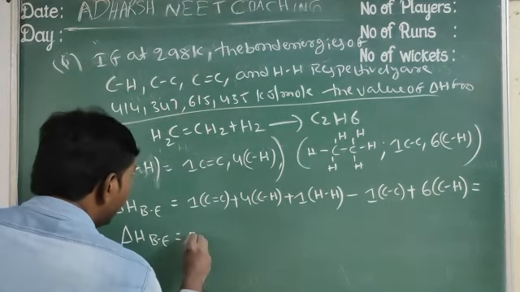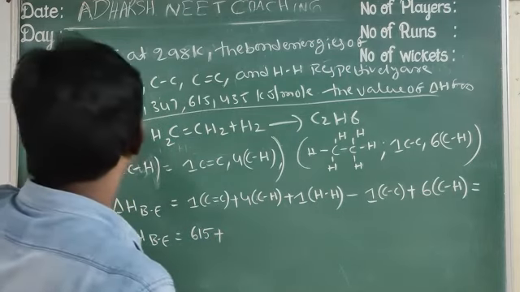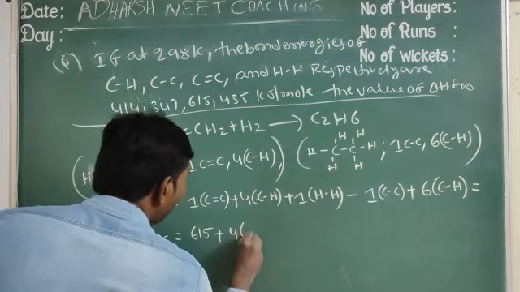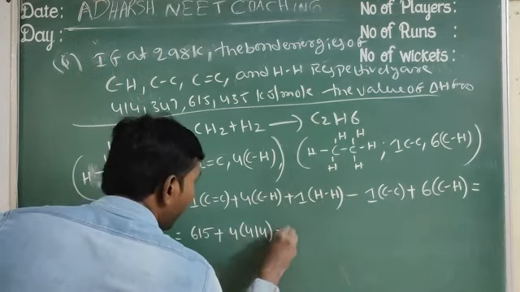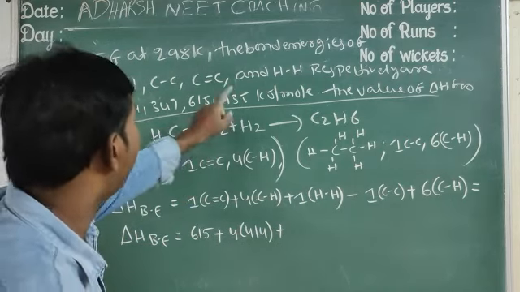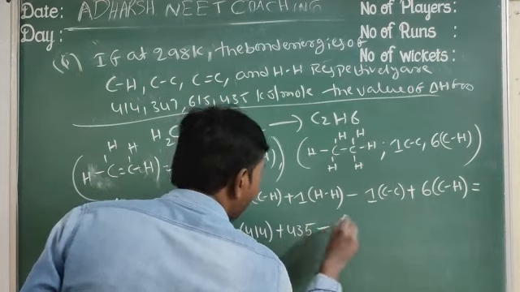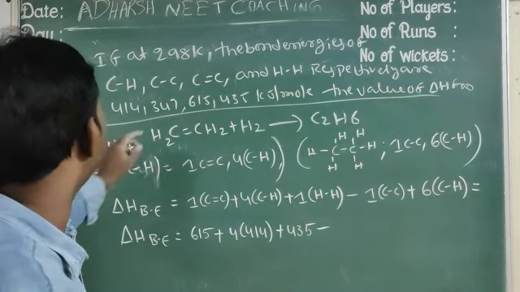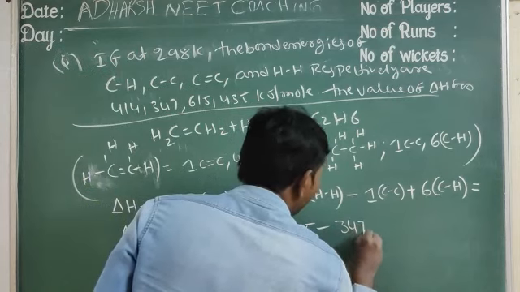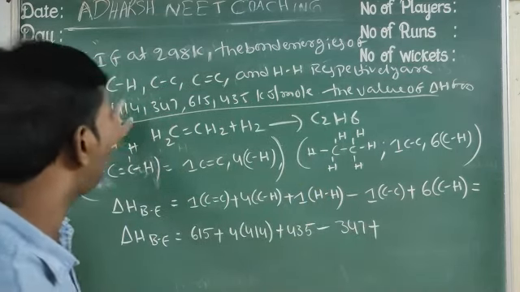So 1 into 615, plus the C–H bond value 414, so 4 into 414, plus the H–H value, plus the C single bond C value, plus C–H value 414.